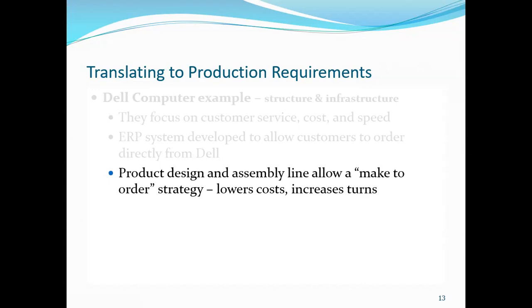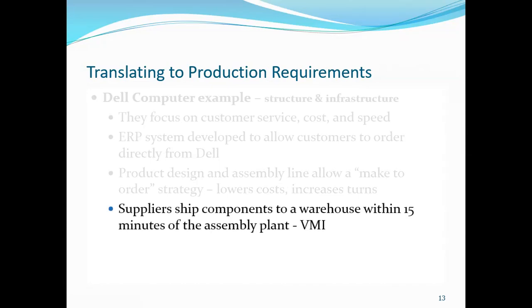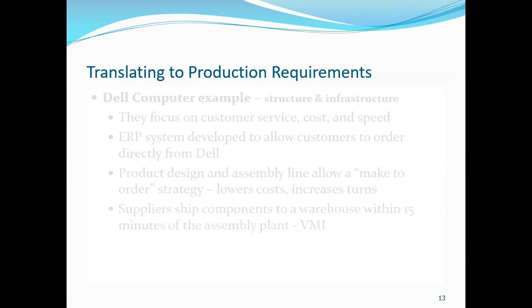Sometimes the supplier ships components to the warehouse within 15 minutes of the assembly plant. So they have different components, and they just need to assemble those things. Then they have a shipping arrangement with UPS, and I think FedEx too. So now we can buy a lot of stuff at Dell.com.